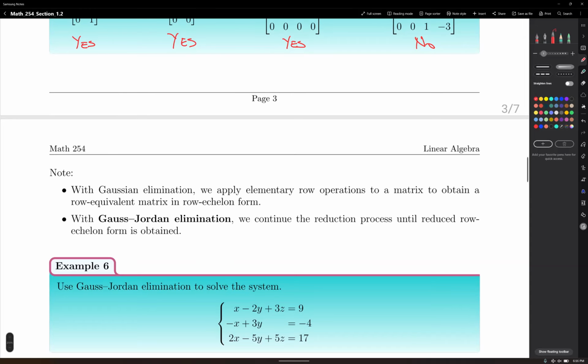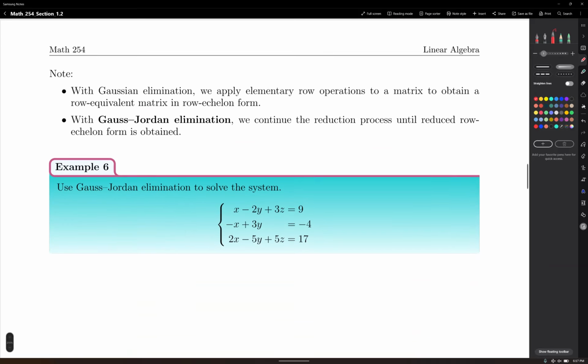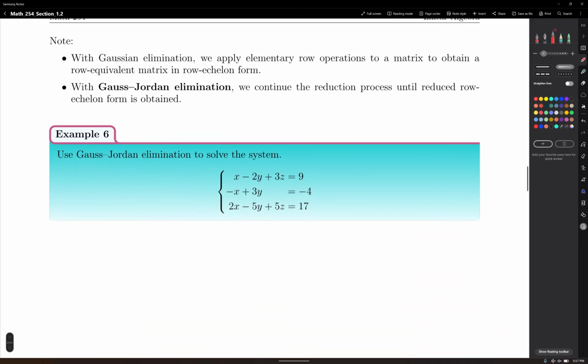All right. So let's solve a system of equations using row operations. It's gonna be perfect timing. Okay, hopefully.